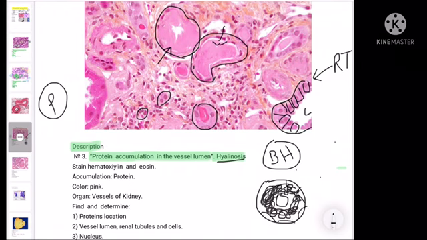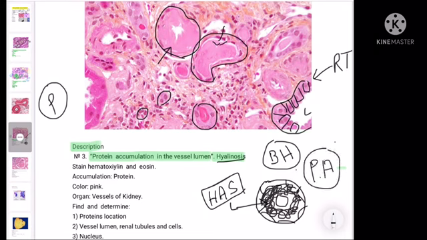Okay, so that is called hyaline arteriolosclerosis. And this hyaline arteriolosclerosis is also protein accumulation, as we can see here. There is accumulation of a lot of protein in the vessel wall. So this is also called hyalinosis.